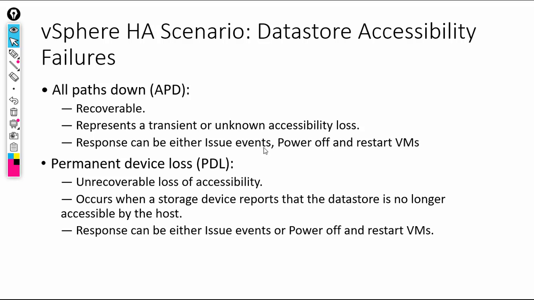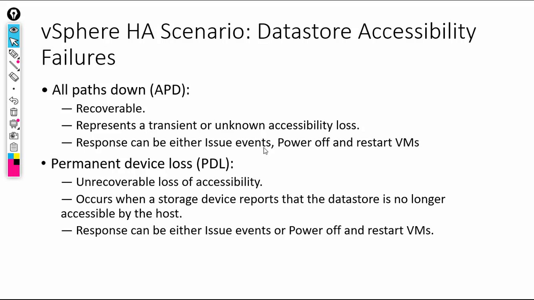In response to this failure, you can generate an event or allow it to power off or reboot the virtual machine on another host that still has accessibility to the data store. So vSphere HA provides protection for virtual machines from 5 types of failures: host failures, guest OS failures, application failure, network isolation, and data store accessibility failure.